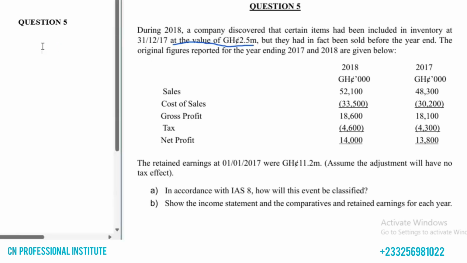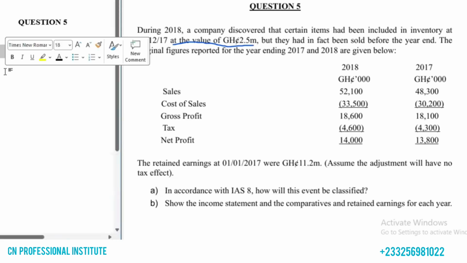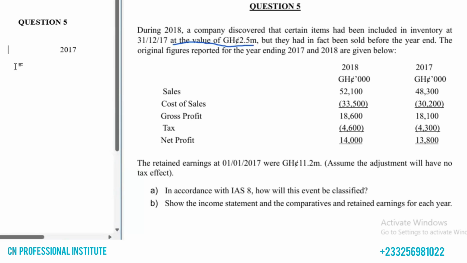Let's start with 2017. Here we have two methods. We can do it two ways. With method one, we will adjust cost of sales.